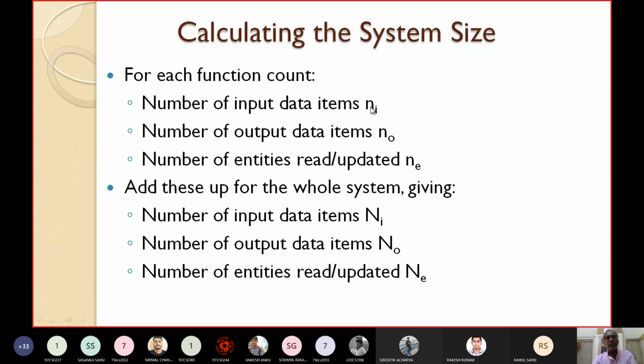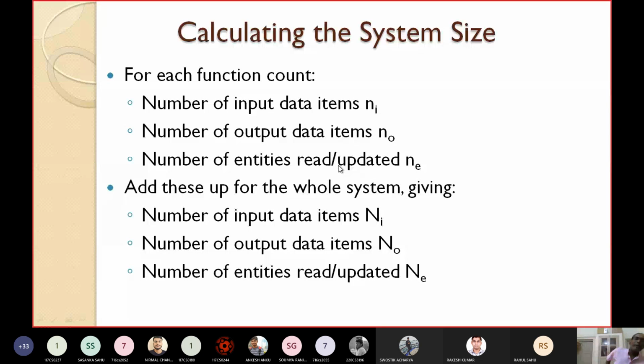Then you add up these values. So I have found out these values for each functionality. 12 functionalities are there. These are small ni. On adding this, we get capital NI. These are small no. After adding, you get capital NO, and these individual values are small ne. After adding, you get capital NE.